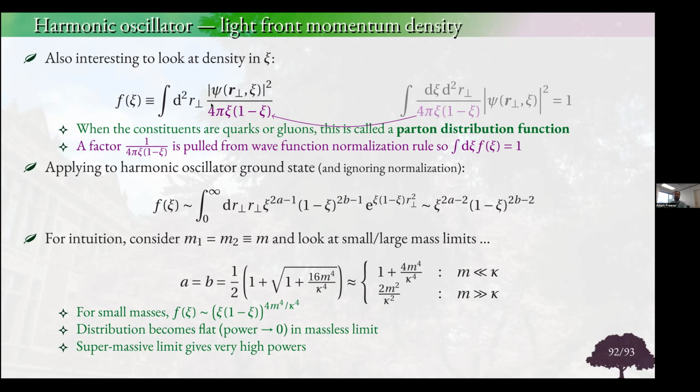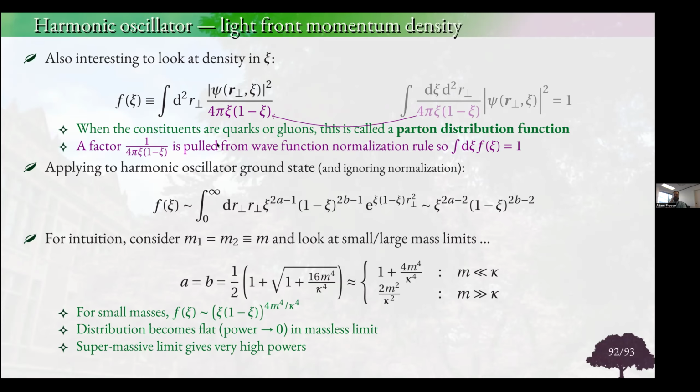And we also want this density to be normalized so that when you just integrate out xi, you get 1, which means we need to put the factor 1 over 4 pi times xi times 1 minus xi from the integration measure into the definition. So move that over here.